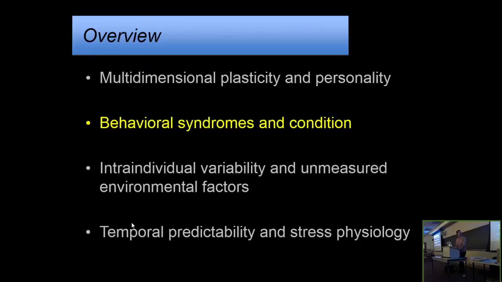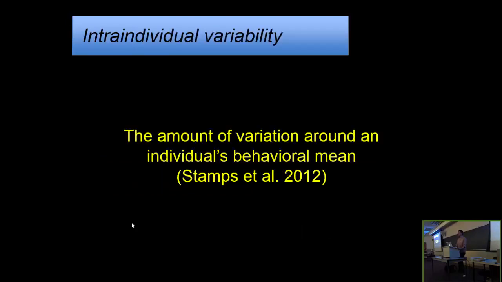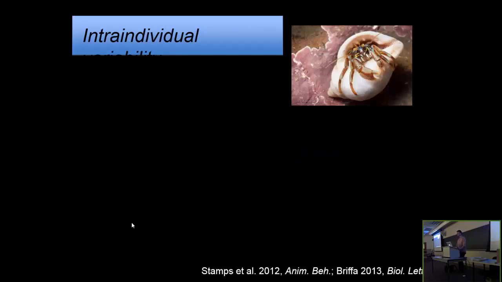All right, so next I want to move on and talk about intra-individual variability and unmeasured environmental factors. Intra-individual variability is defined as the amount of variation around an individual's behavioral mean. A good example that I think exemplifies the concept is horseshoe crabs.